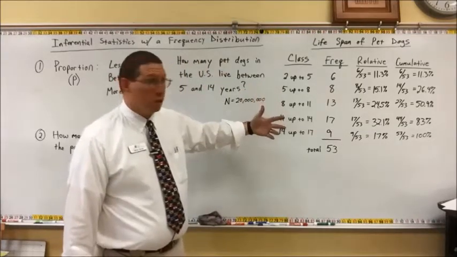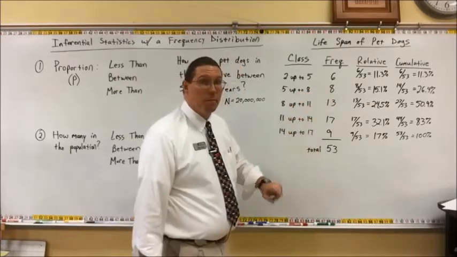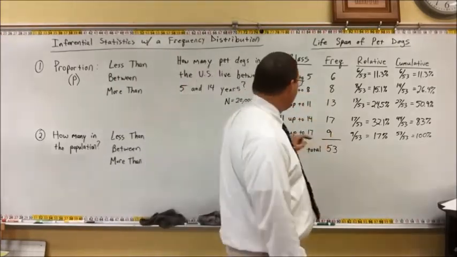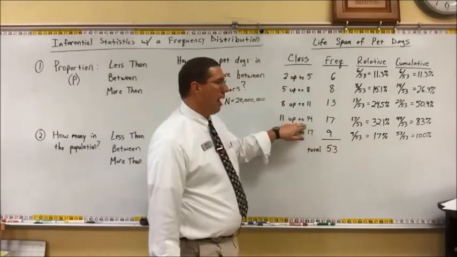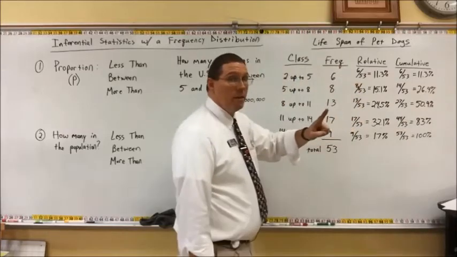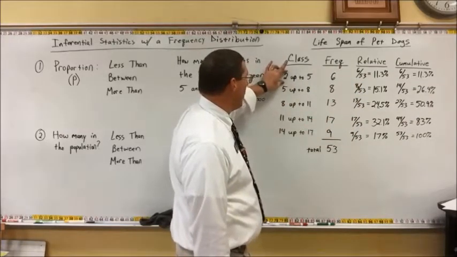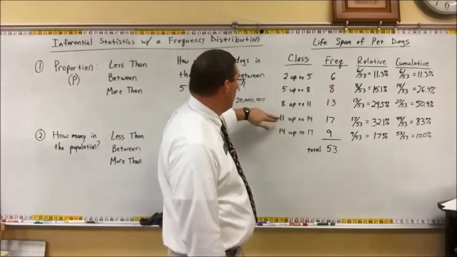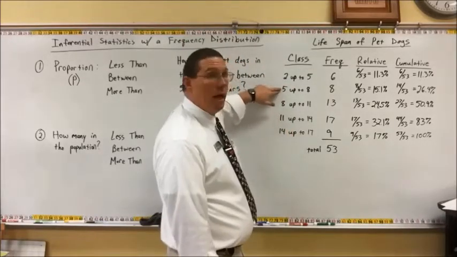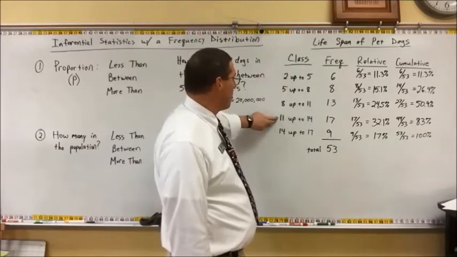We need the proportion, so we can either add up these 3 frequencies and divide by 53, or we can take the higher class percentage from the cumulative and subtract the cumulative of the first class that is not included in the group. So included, included, included, not included.